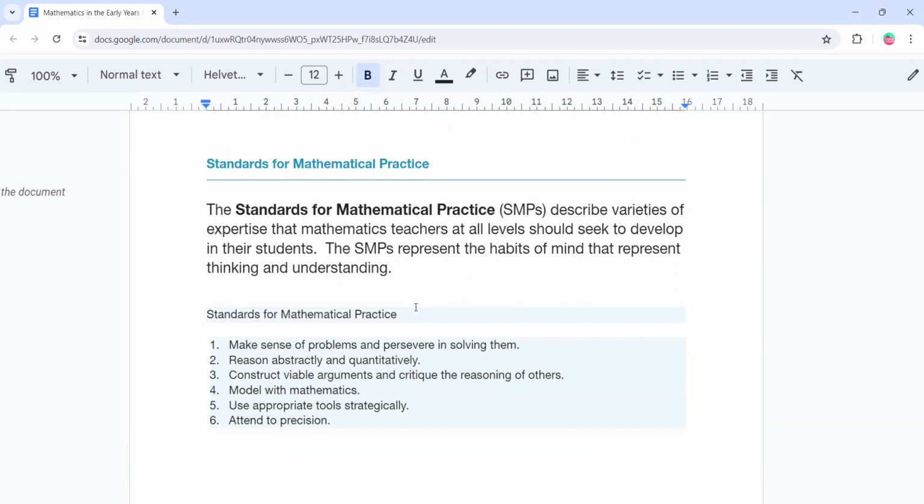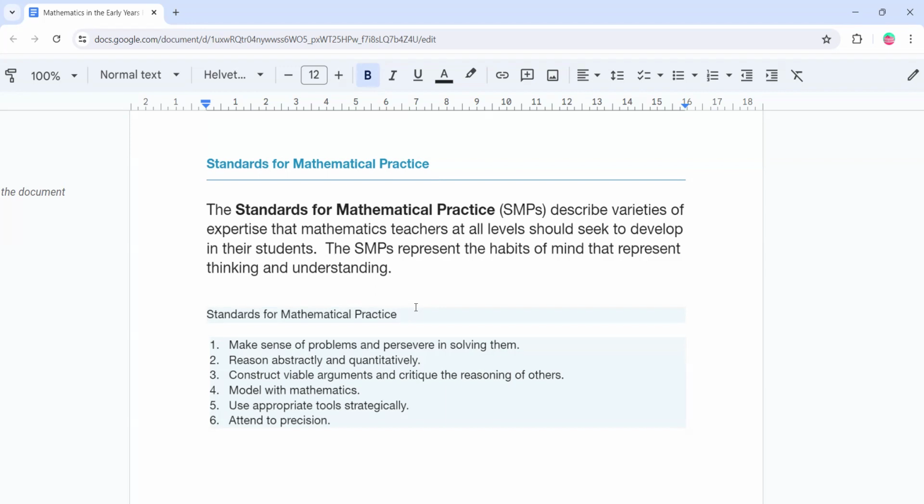The standards for mathematical practice are: the first one, make sense of problems and persevere in solving them. Second one, reason abstractly and quantitatively. Construct viable arguments and critique the reasoning of others.